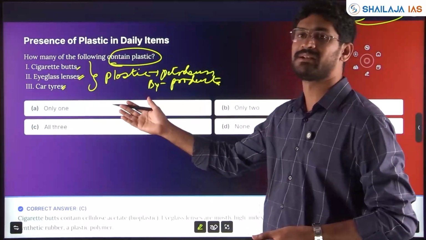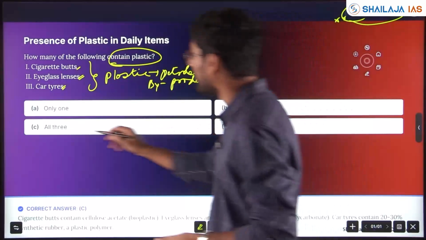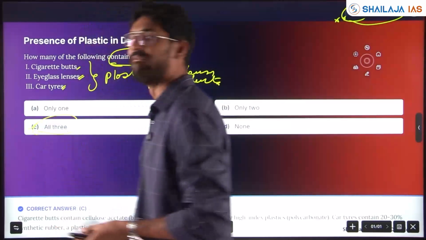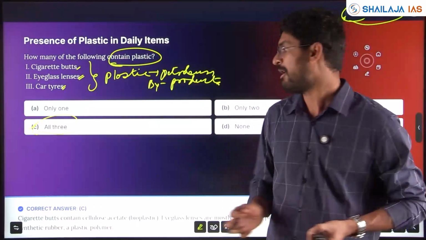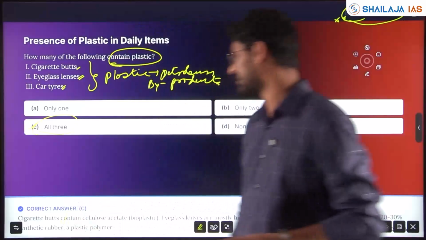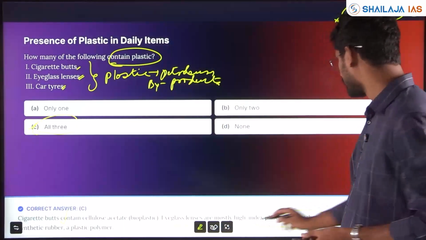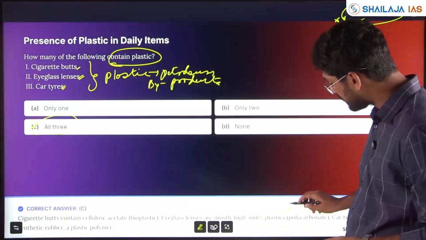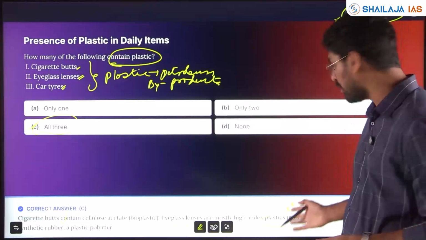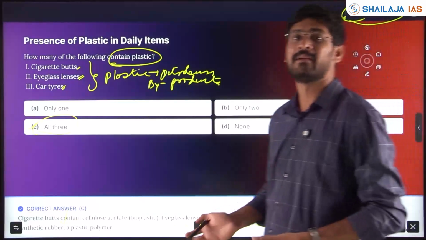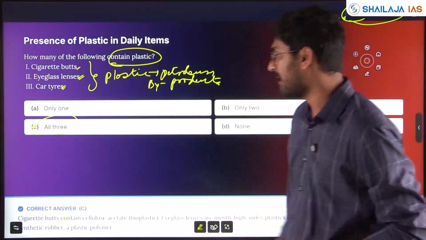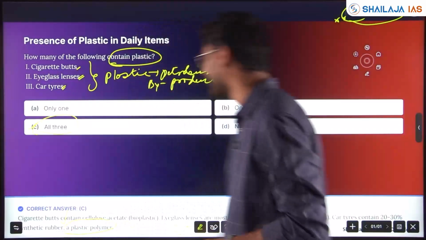When these kinds of statements come, go with all three. Close your eyes and go. Everything is synthetic, everything is made of plastic. Cigarette butts contain cellulose acetate, a bioplastic. Eyeglass lenses are mostly polycarbonates. Questions come from polycarbonate, bisphenol A. PET bottles and synthetic rubber are plastic polymers.